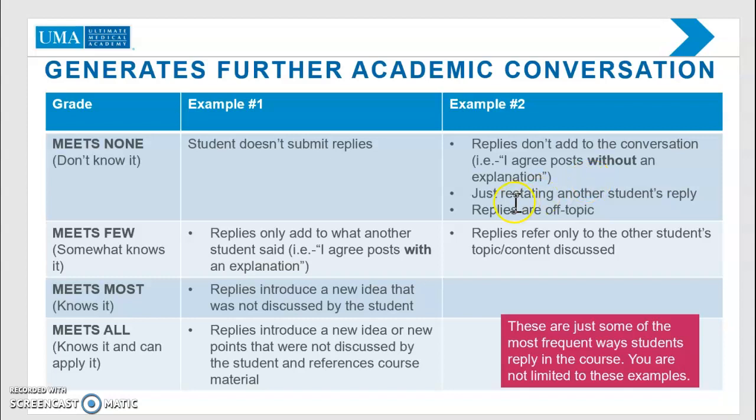When you just restate another student's reply and not really say anything by yourself. Replies are off topic, so we have to stay on topic. That's what we're discussing, not something else a student said about something else, but you have to bring her back to the topic and continue to talk about the subject we have here.